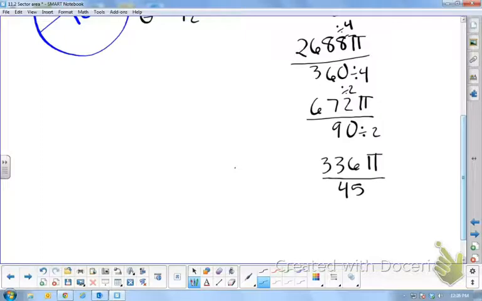But we still have to check and see if there's anything else that would simplify. Looks like they'll both divide by 3. So 336 divided by 3 is 112. 45 divided by 3 is not 9, it's 15, sorry.